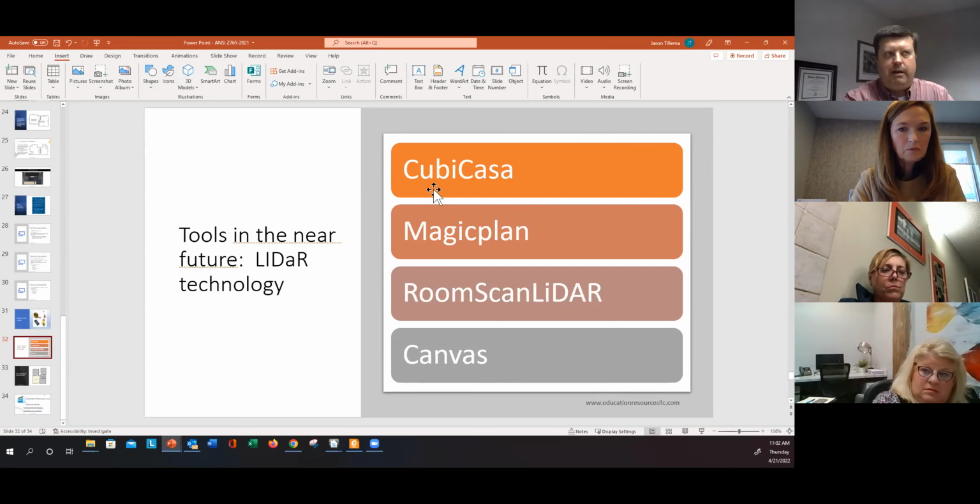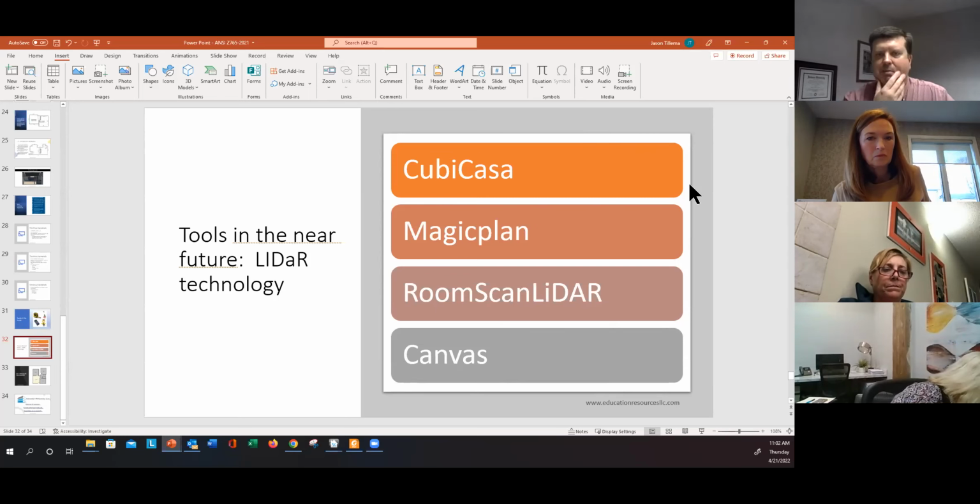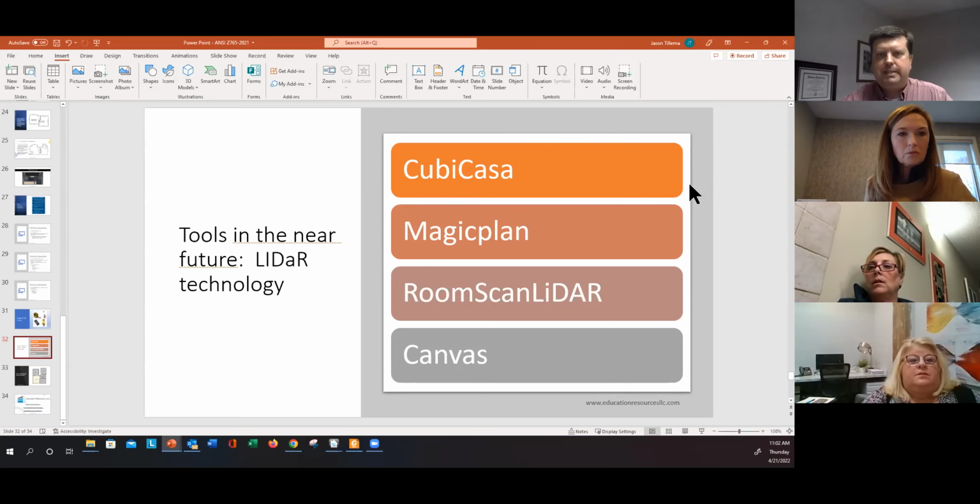With the first one here, Kubicasa, it's becoming the most popular one, and it's really the one that's getting the most press in the appraisal profession for doing this. You do that home, it takes about 10, 15 minutes to walk through a house. You then send the information off to Kubicasa, and within 24 hours, you have the entire floor plan and it's ANSI compliant.